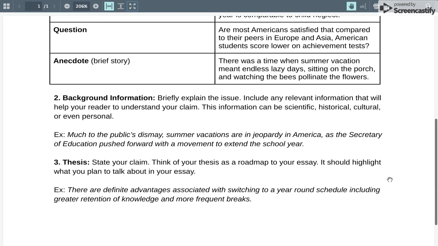The second part is background information. Now, when you initially go into research, you need to have a good idea of what the issue even is. You want to assume that your reader has no idea anything about this topic, that they've never heard of it. So you do need to be specific and clear without going too much into the nitty-gritty.